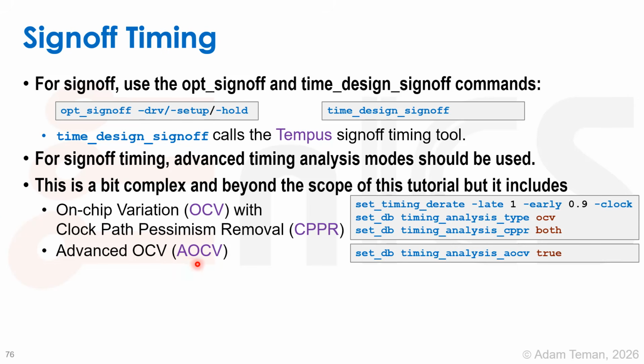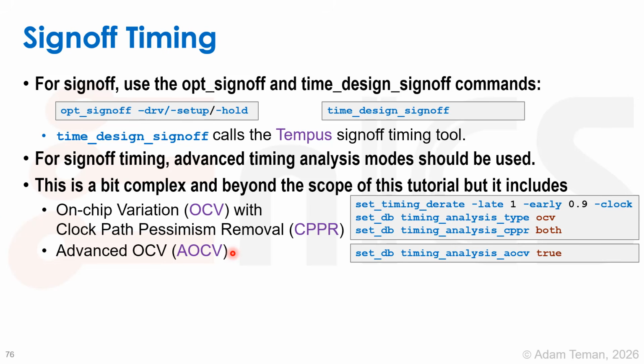So what AOCV did, it brought in these lib files that have tables that say, depending on the length of the path, we are going to remove some of that pessimism and create the derate factors on the fly according to the length of the path itself. That is AOCV. The other thing that AOCV enabled was some sort of spatial derating.